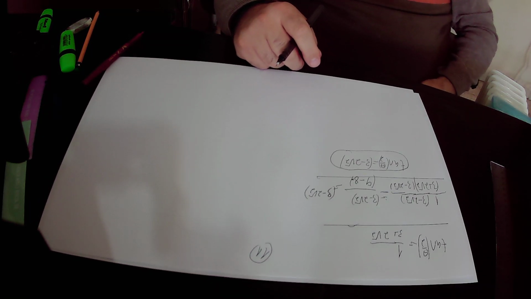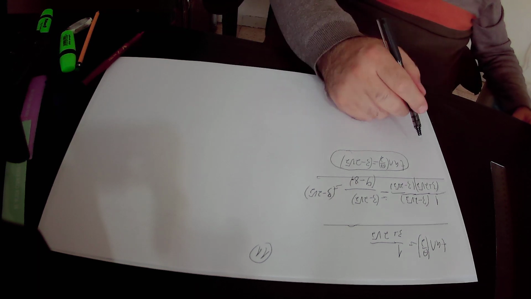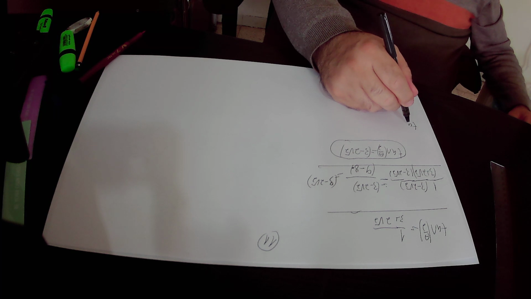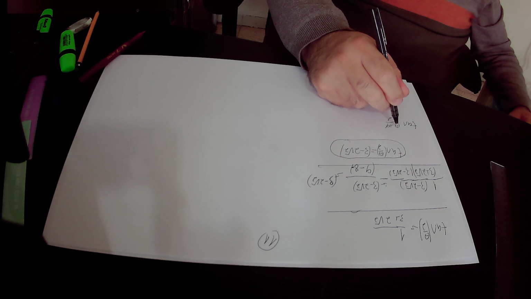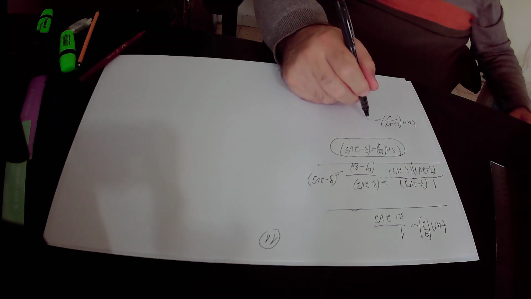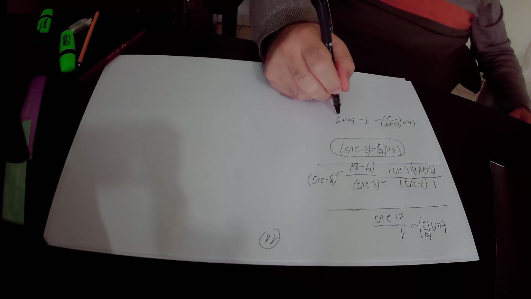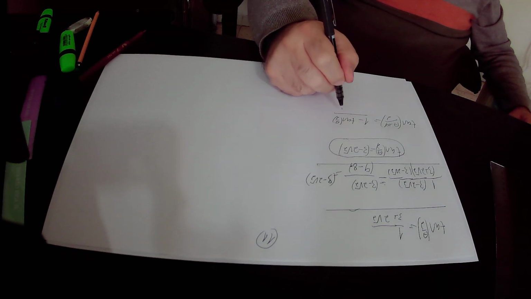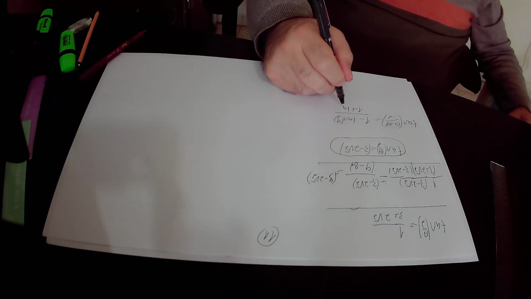Now we can put the value of tangent theta over 2 inside the equation for tangent theta plus alpha over 2. We have the equation that states that tangent theta plus alpha over 2 is equal to 1 minus tangent theta over 2 over 1 plus tangent theta over 2.